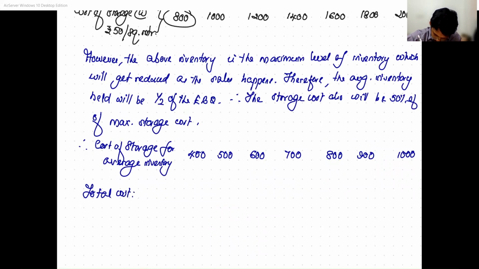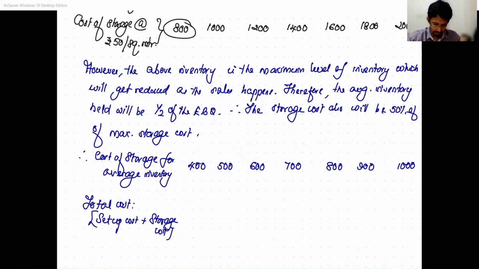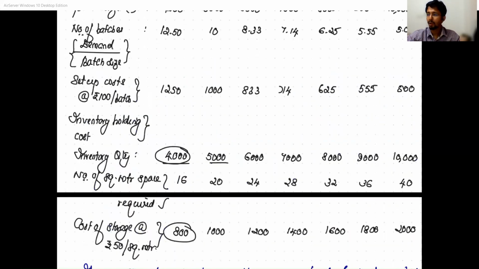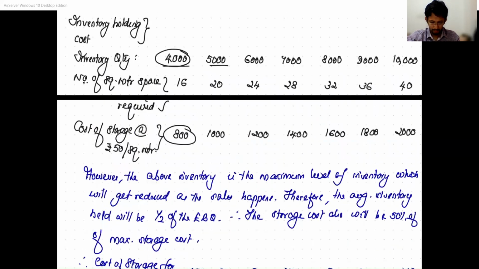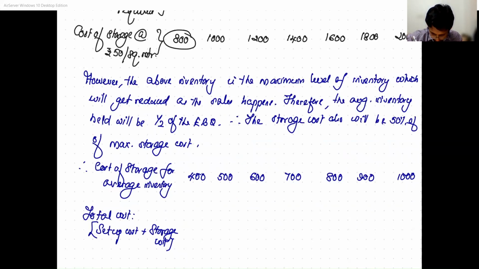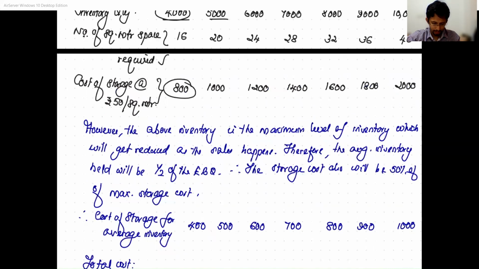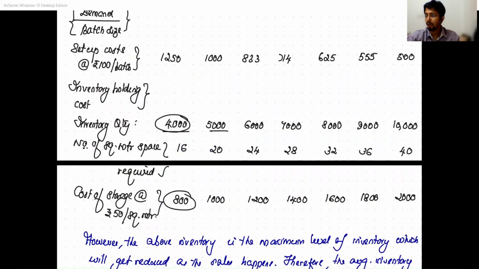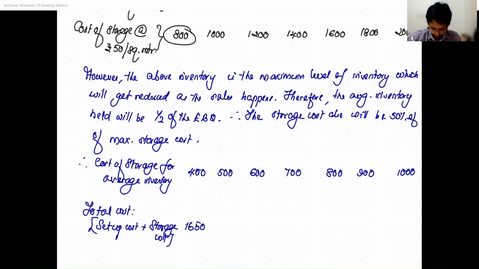Total cost means you have the setup cost plus storage cost. That will be 1250 plus 400. That is 1650. Next is you have 1000 plus 500, 1500.